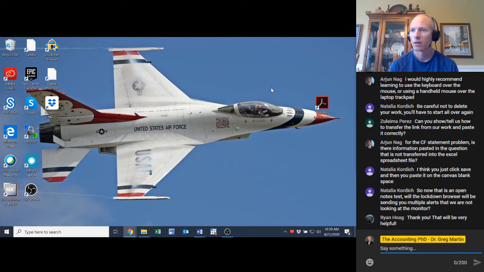So Natalia, that's open with Lockdown Browser, it'll be sending you multiple alerts. It will, but that's okay. If you're looking through your notes, it basically says you're not looking as much as you should be, and it just highlights it. All I do is go in, there's a video, and I see what you're doing.